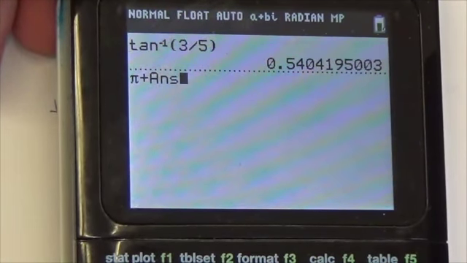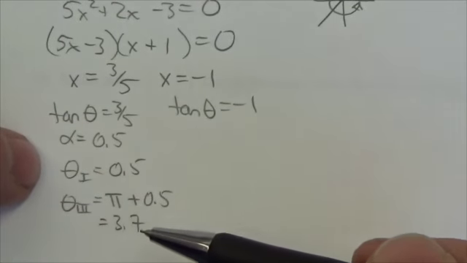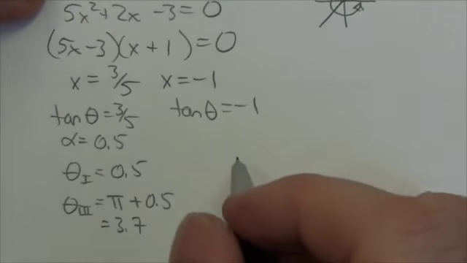I'm going to let the calculator use as much of the decimal as it can. This gets me 3.68, and so on, but I'm going to round that to the nearest tenth. So my answer is going to be 3.7. So my answers from this factor will be 0.5 and 3.7.